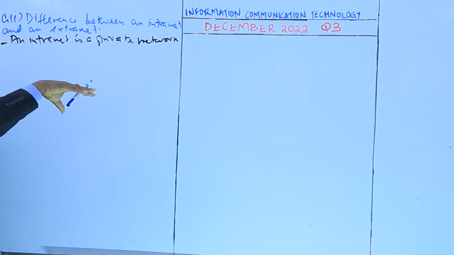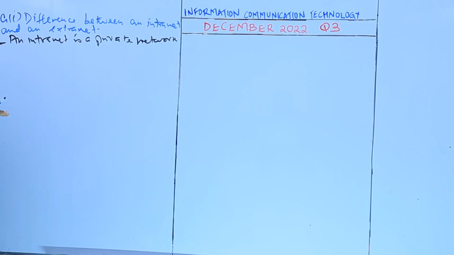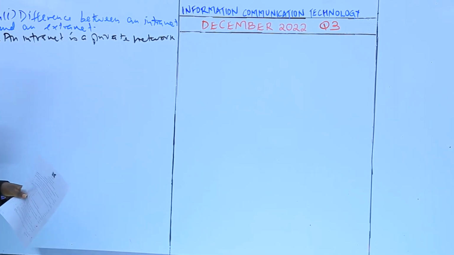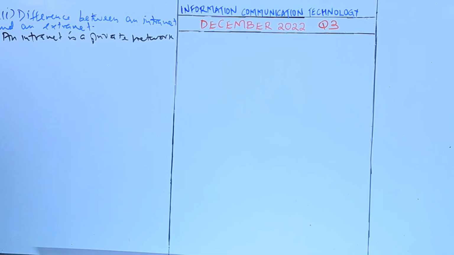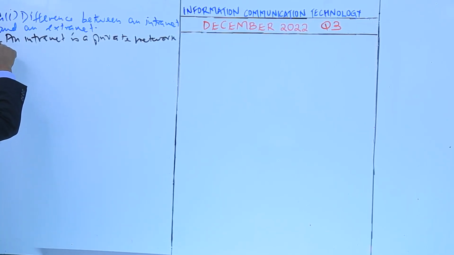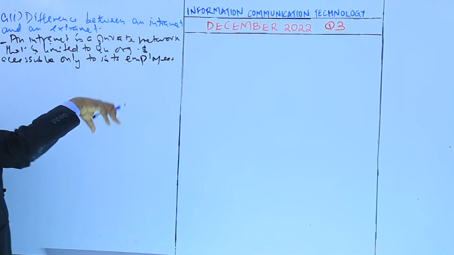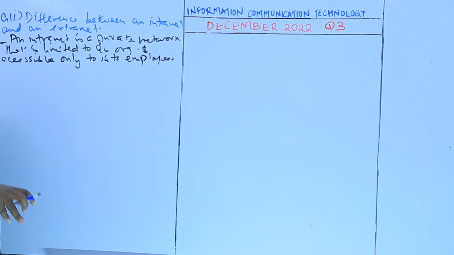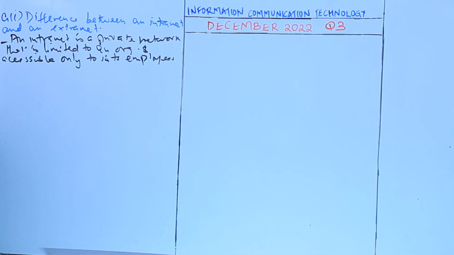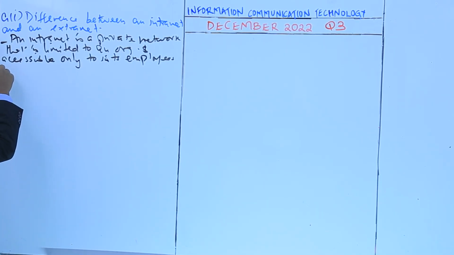It is a private network that is limited to an organization and accessible only by its employees. Do you understand? That is limited, private, inside. That's one feature of an intranet, whereas an extranet is an extension of the intranet.